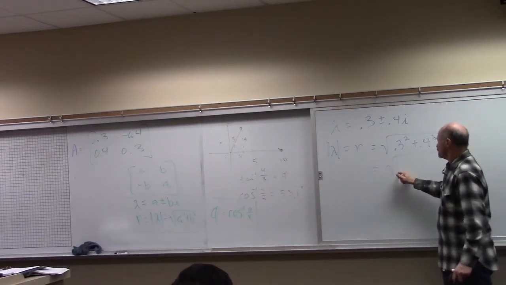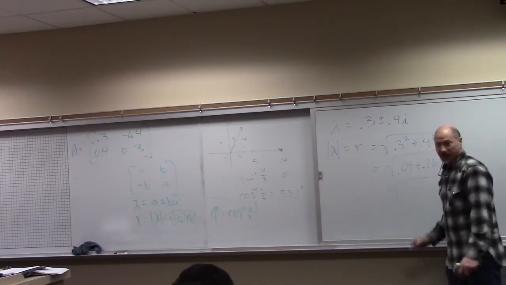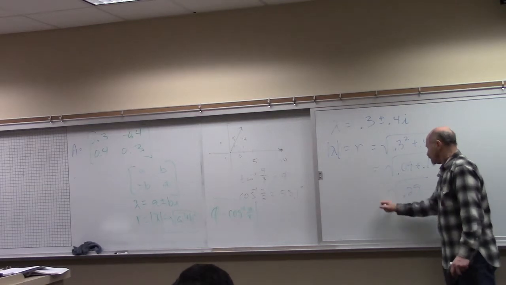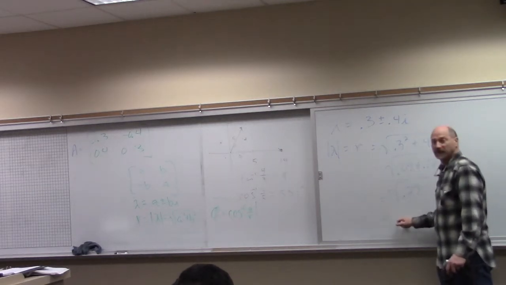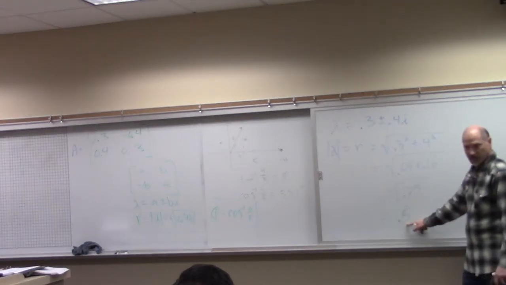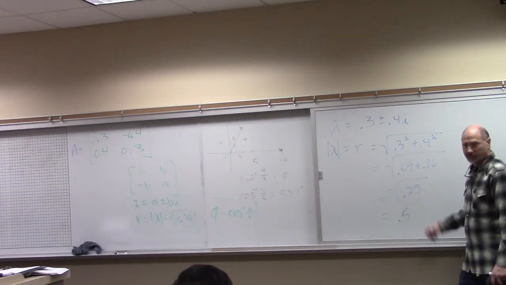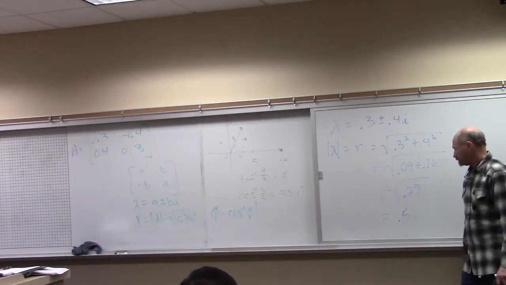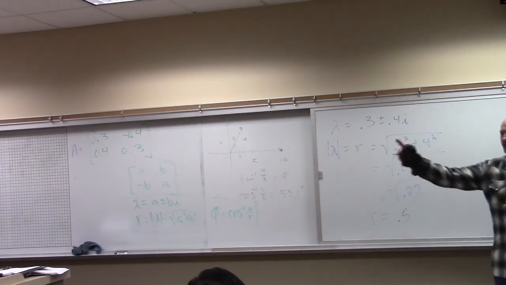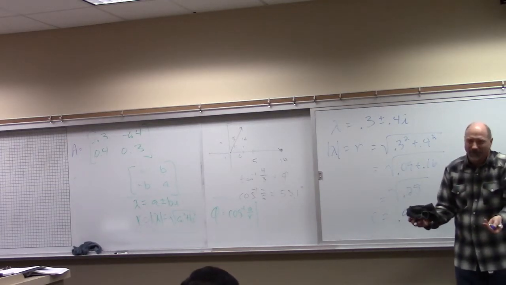Which is 0.09 plus 0.16, which is 0.25. The square root of 0.25 is 0.5. This is 1/4. 1/2 times 1/2 is 1/4, right? So it's 0.5, not 0.05. That's R. And we knew that because didn't we go from a magnitude 10 down to a magnitude 5? So we knew R was 1/2 already, didn't we?